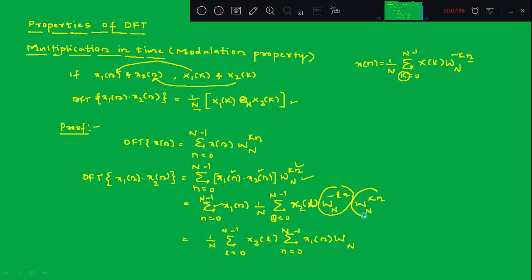Since in the power of these two n is common, I can write it as k minus L into n, right? So if summation n is equal to 0 to n minus 1, x of n into W_N k n, I can write this one as what? X of k, right?